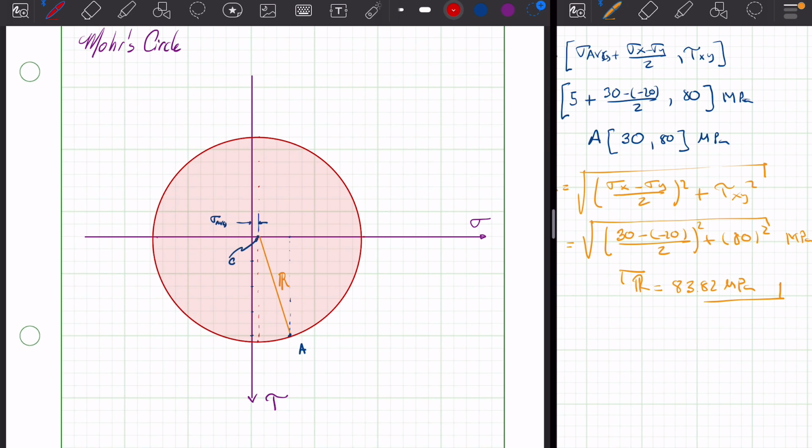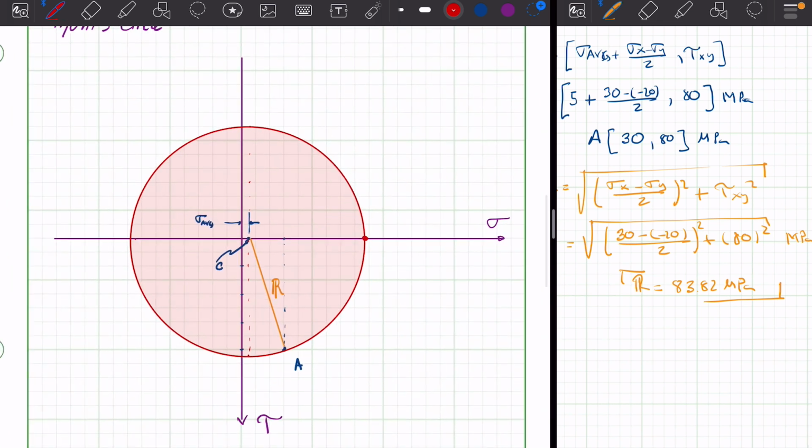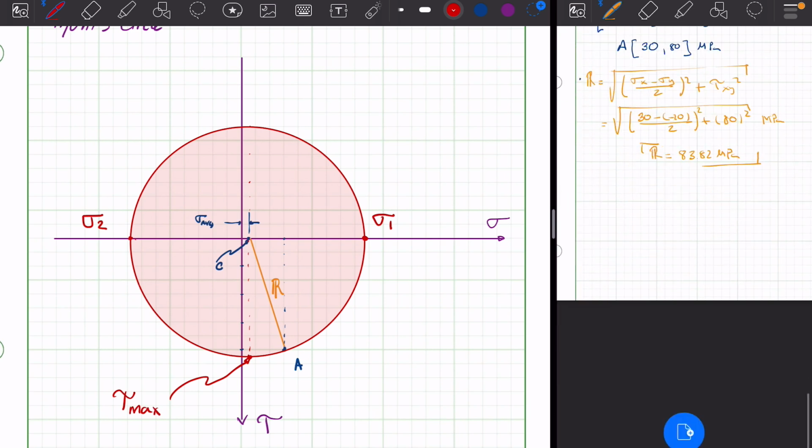Now, when we have a Mohr circle, it's important to identify pertinent information that we're going to be working with. The first one is that this point over here, the largest of the normal stresses, is my principal stress 1. And of course, the opposite then would become principal stress 2. And if we go here to the bottom with the lowest possible distance of the circle, that becomes my maximum in-plane shear. Now we can calculate these as well.